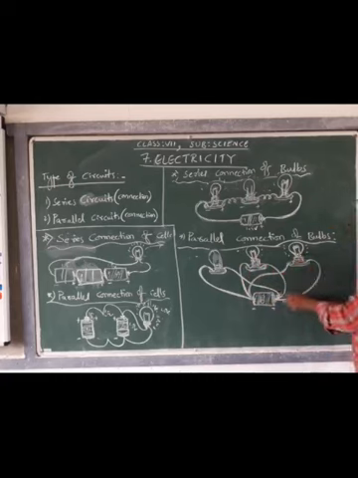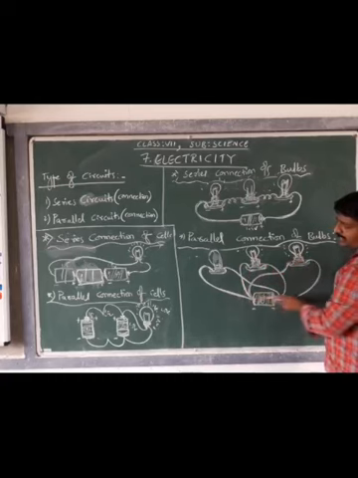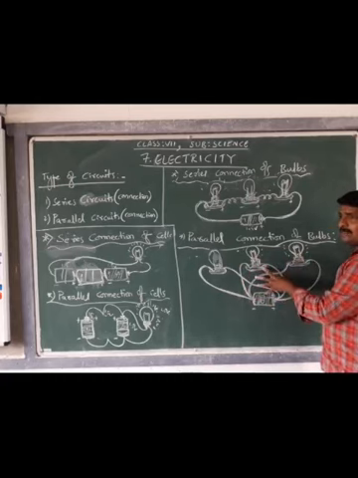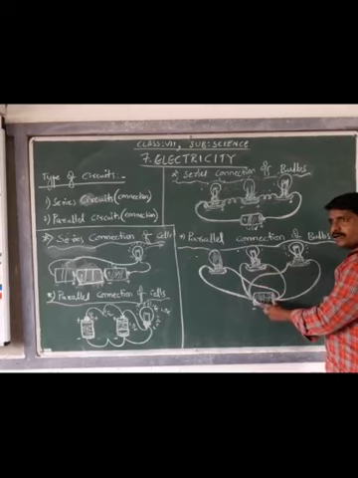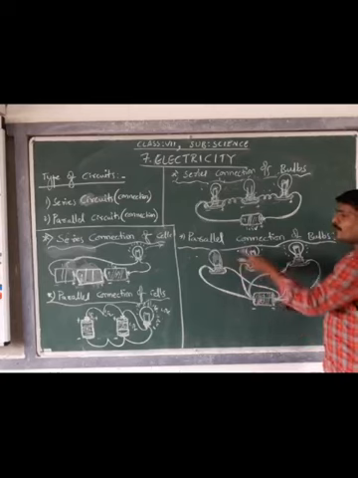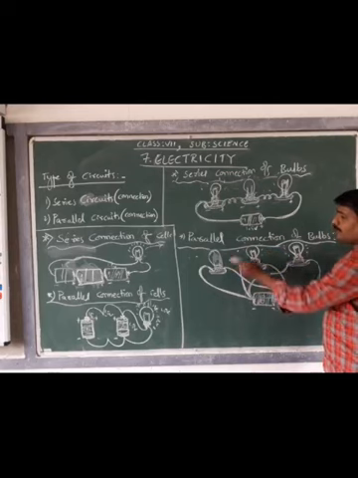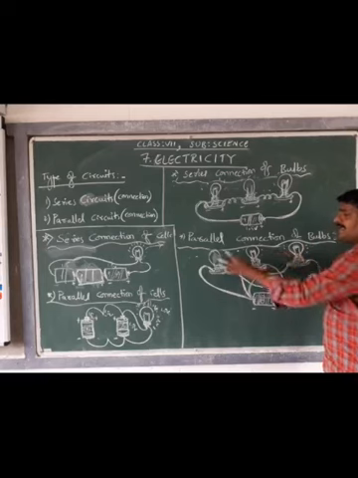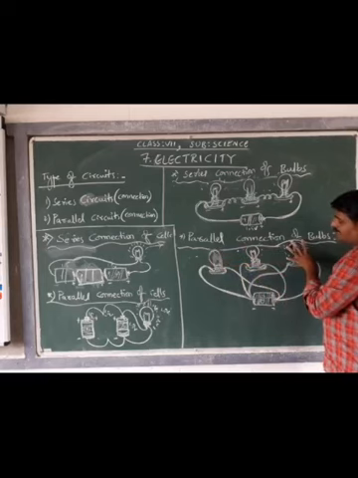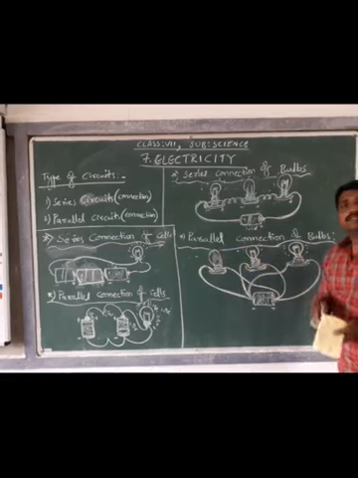This is the main advantage of parallel connection. The 1.5 volts is shared among all these bulbs, and the intensity will also be less.